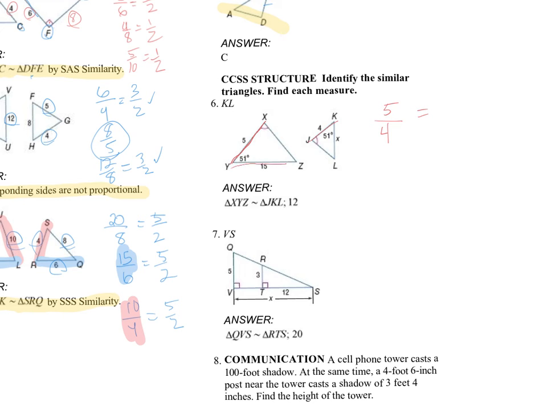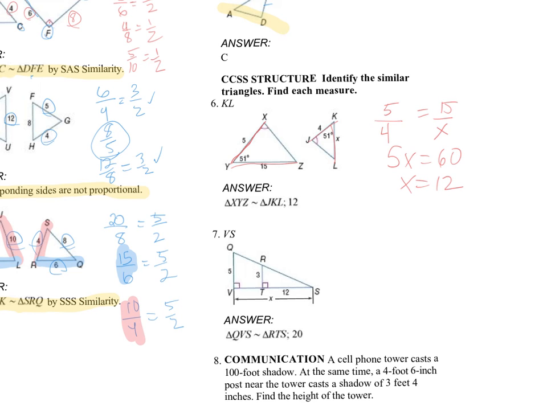And this here is going to be that X. And so we're just going to cross multiply and divide, and that's how we get that X is 12.